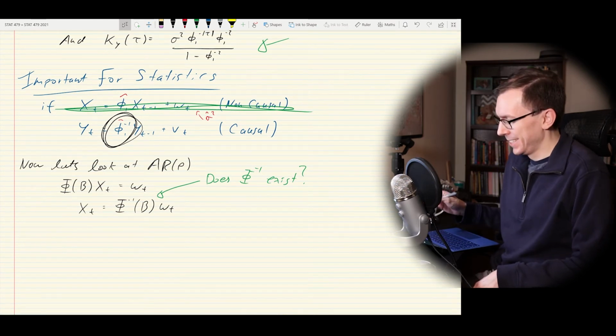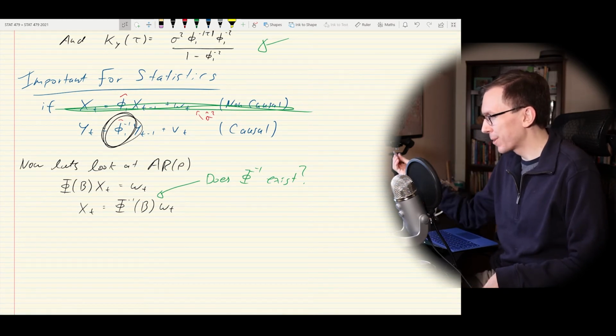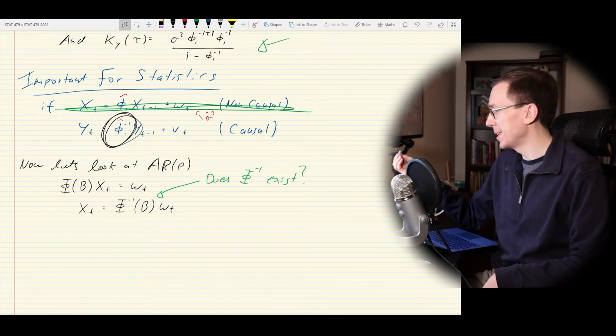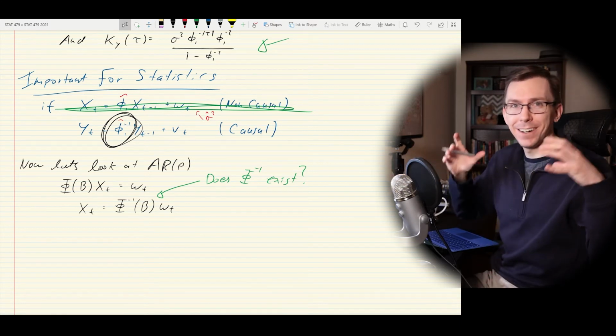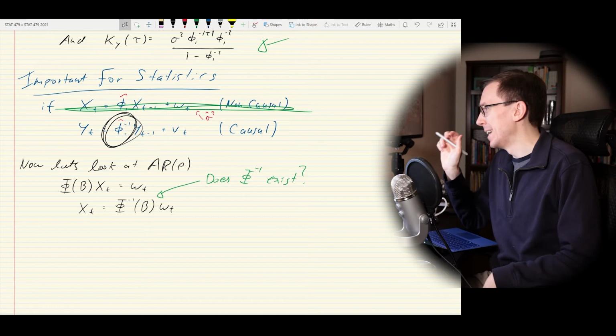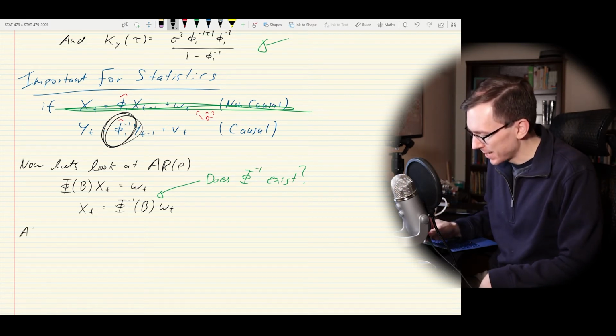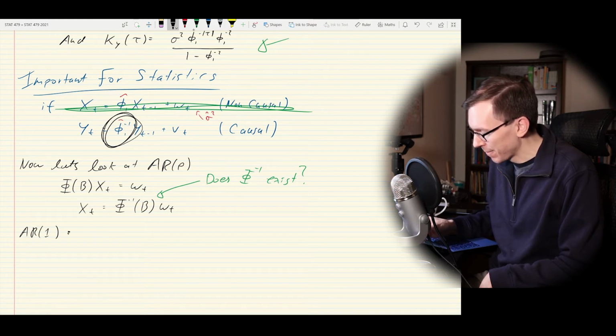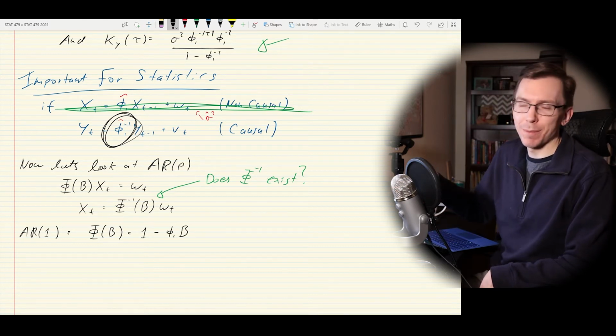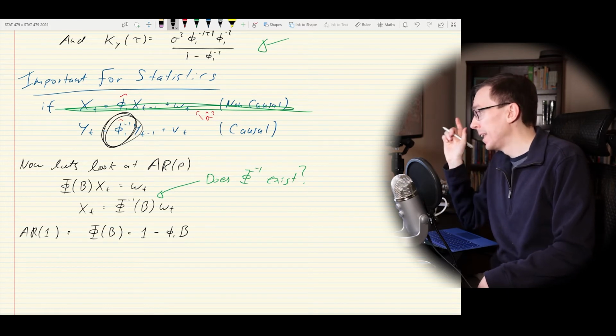So now, again, we're going to go back to the AR1 process because it's the easiest thing for me to write down to give you a concrete example to look at. What we would have is that my capital phi of B here is going to look something like 1 minus phi 1 B, based on the definition from the beginning of the course.